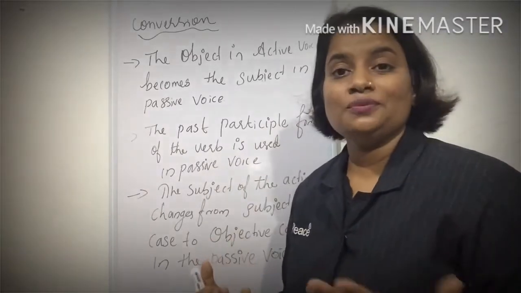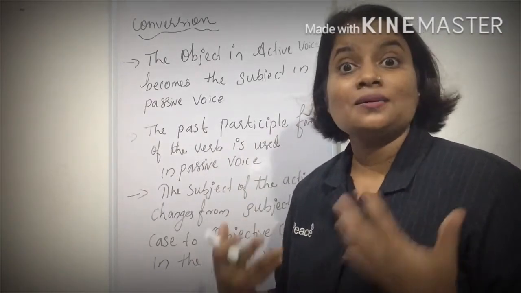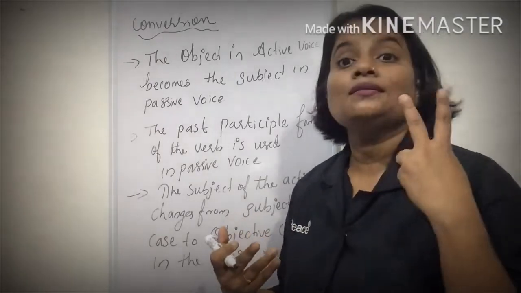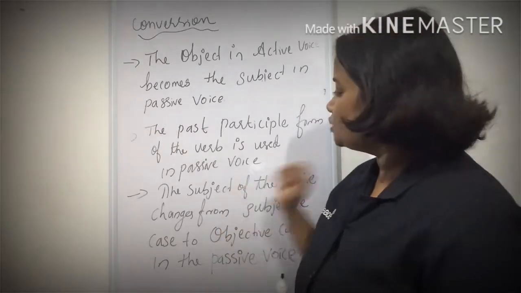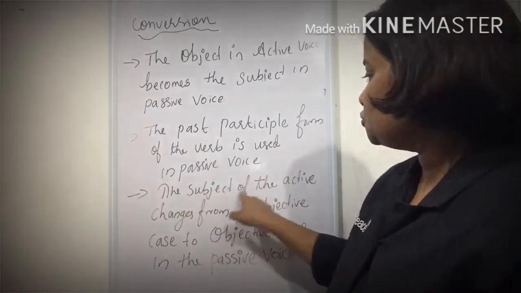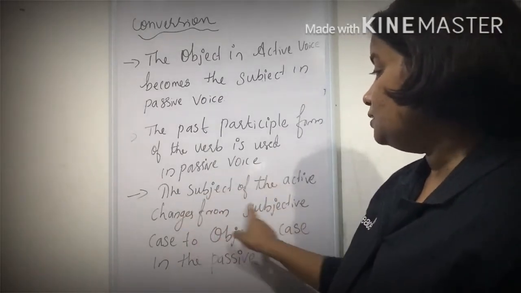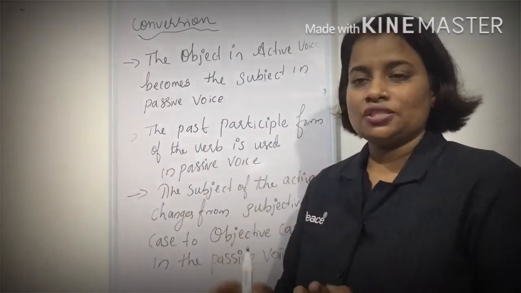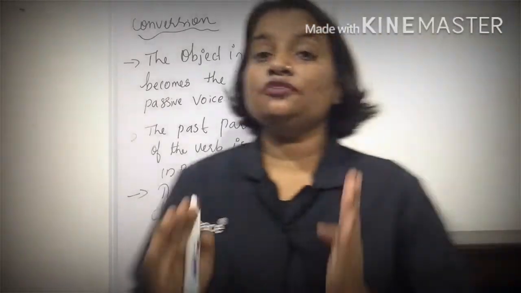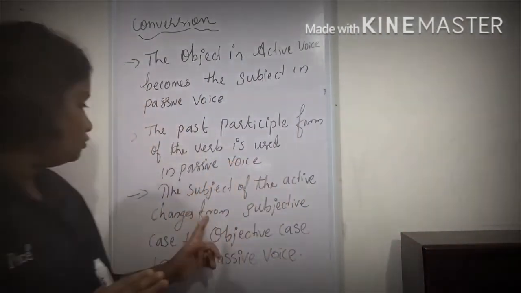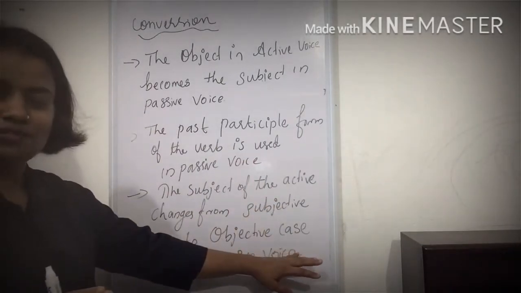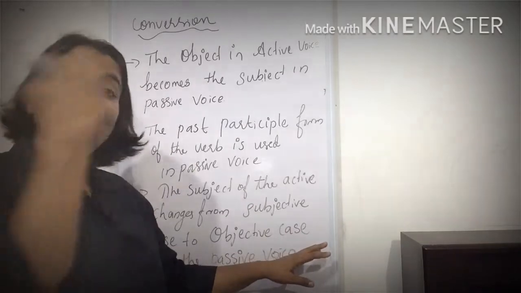Which form of the verb can you use? The past participle form, that is the verb's third form. Next, the subject of the active voice changes from subjective case to objective case.